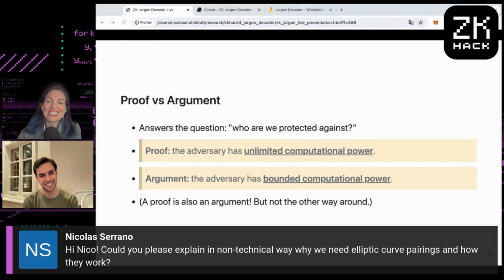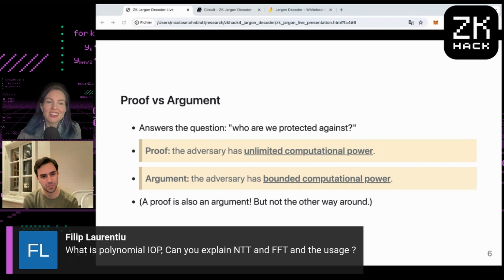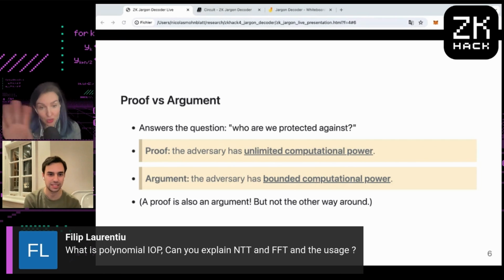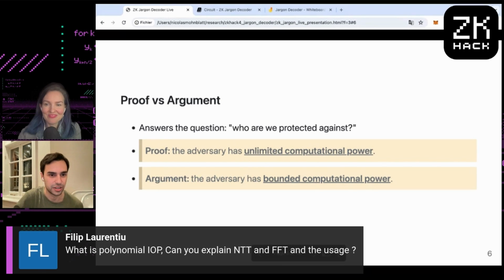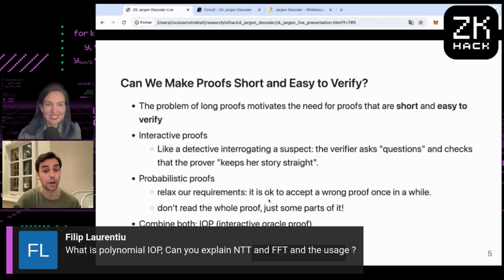All right. Here's one. What is a polynomial IOP? Yeah. There's further questions to that, but maybe we just start with what is a polynomial IOP? So we saw earlier what is an IOP, interactive oracle proof. It's this combination of interactive proofs and probabilistic proofs.